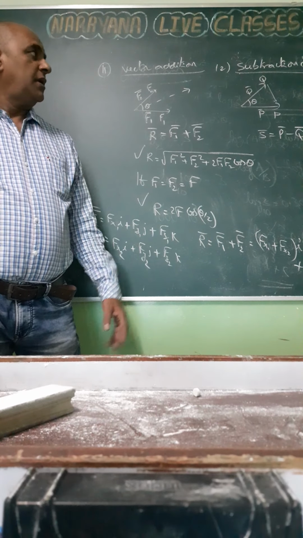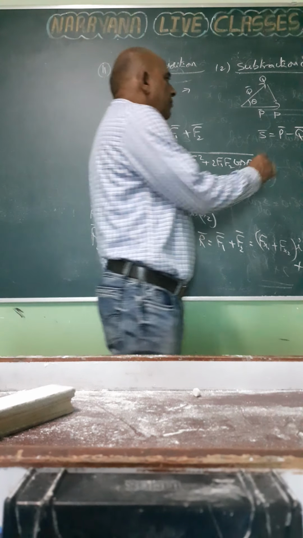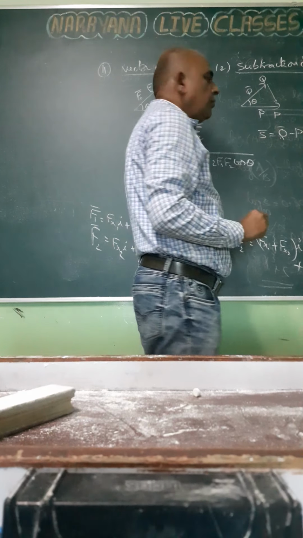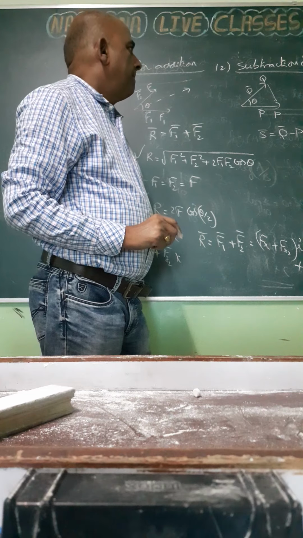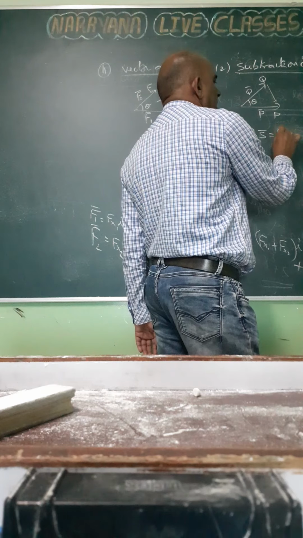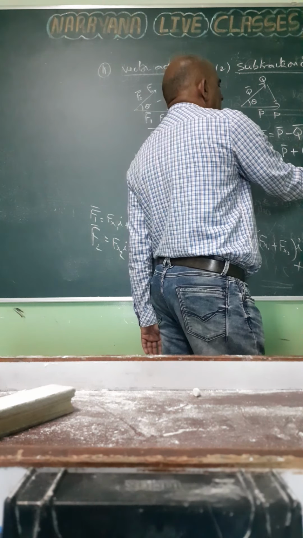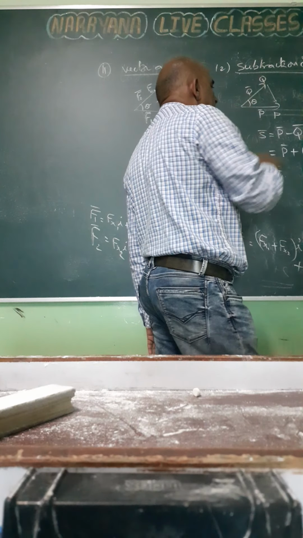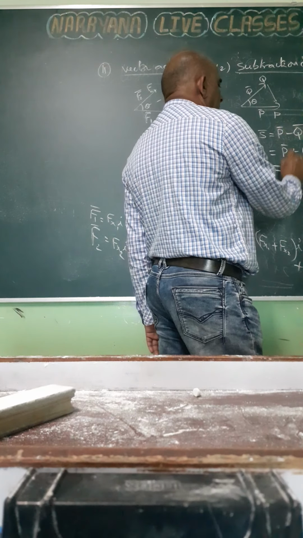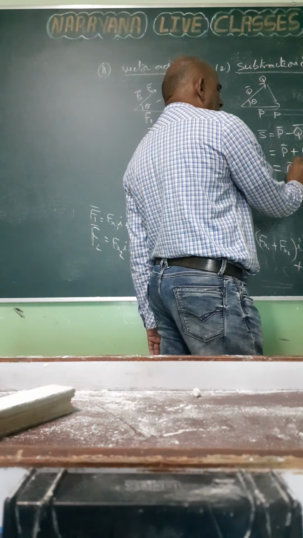Subtraction of two vectors: p bar minus q bar is equal to p bar plus minus of q bar. That means just take the reverse of q bar and then do addition. That means we are getting p bar minus q bar.